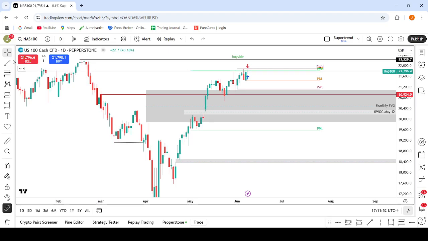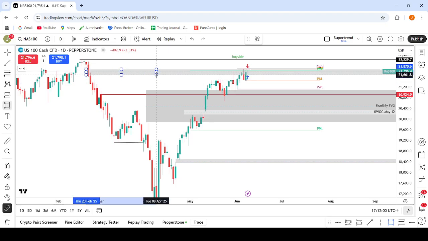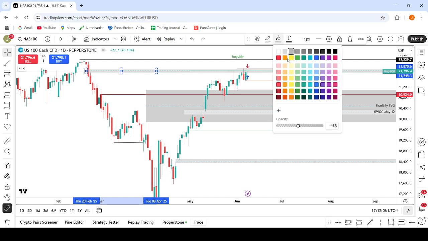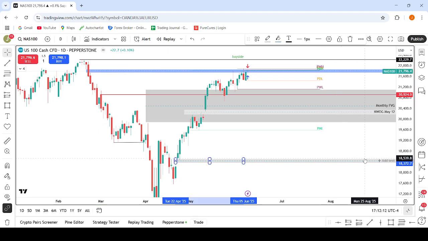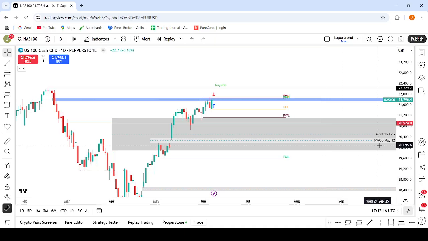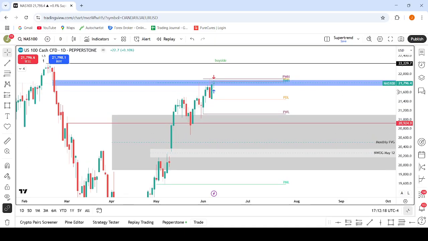And right now, this is our daily imbalance that we are trading in. I'm going to make this blue because that's our active situation. So here we have our daily imbalance that we are in.